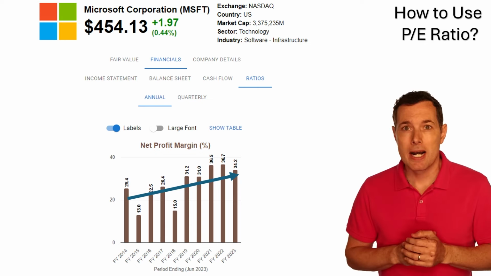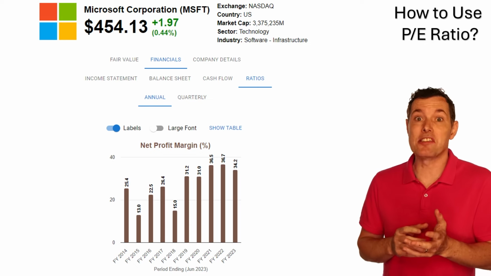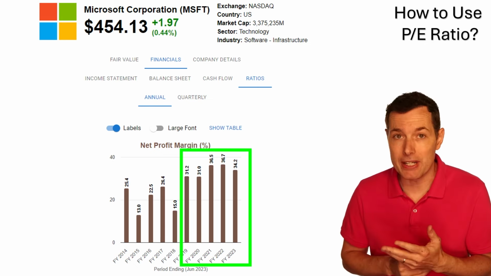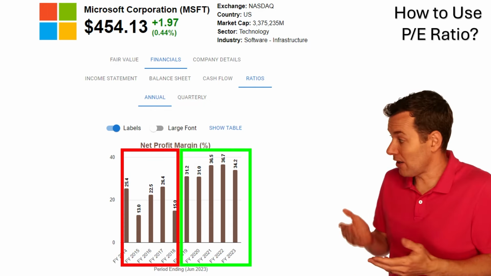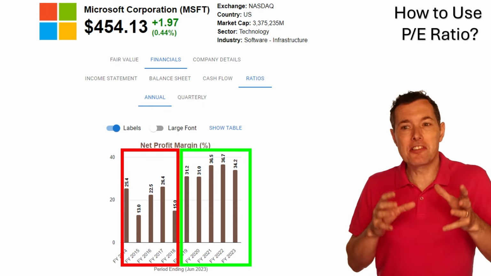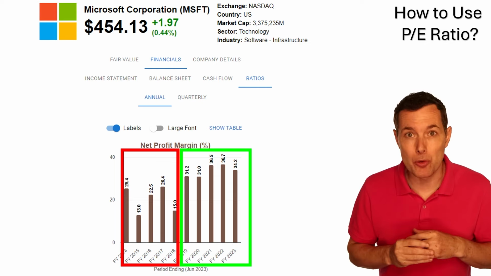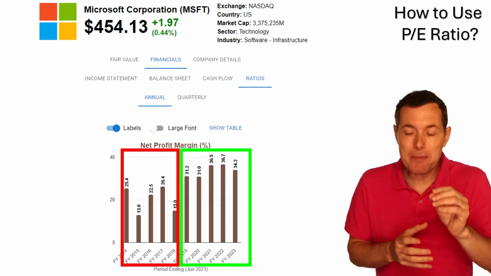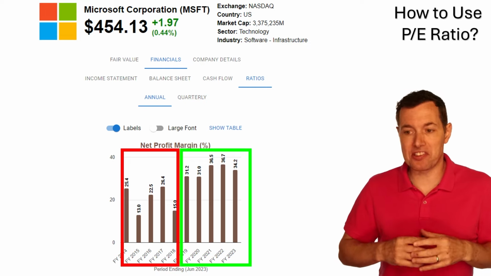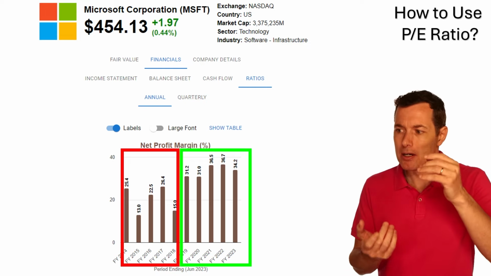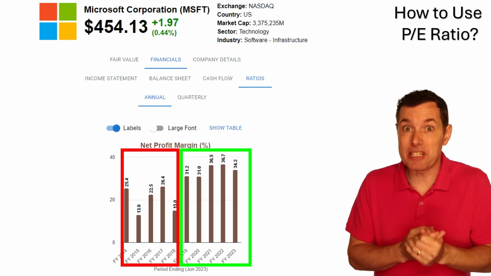The important thing to note here is that the most recent 5-year period is significantly higher than the first 5 years. So the numbers have in fact improved. Another way to look at this is as the moat of a company. Buffett talks about whether a company has a moat. Companies like Microsoft and Apple tend to have moats.